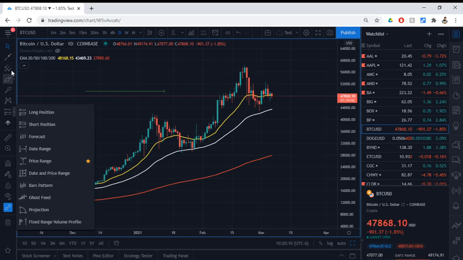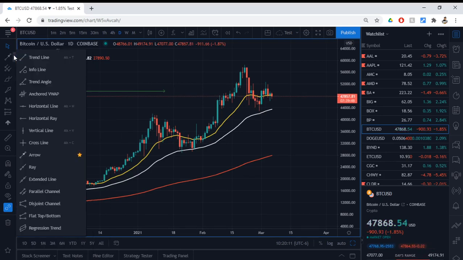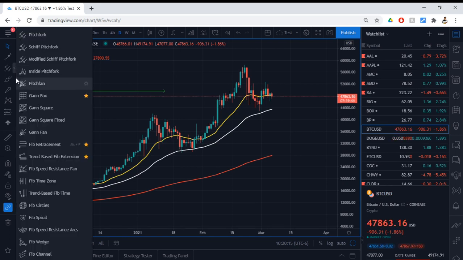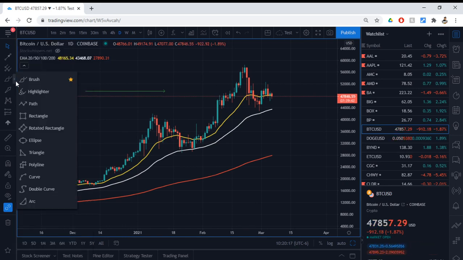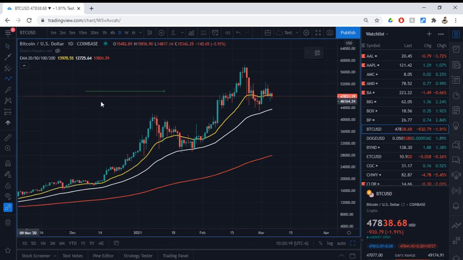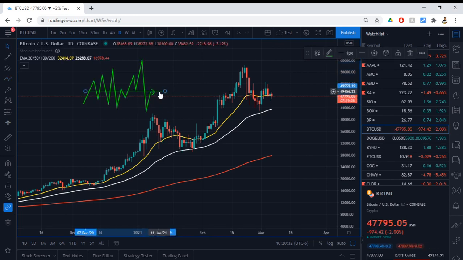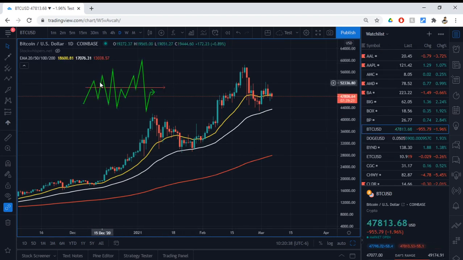So let me see if I can find the tool here. Perfect. Okay. So price can go up, down, down, up, down, up, down, down, down. So this here is the moving average, and this is price.